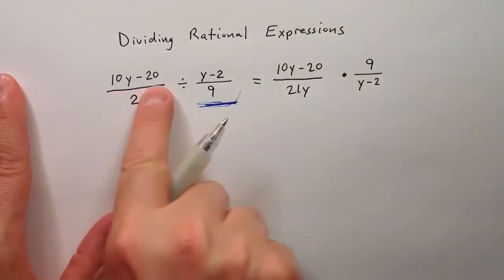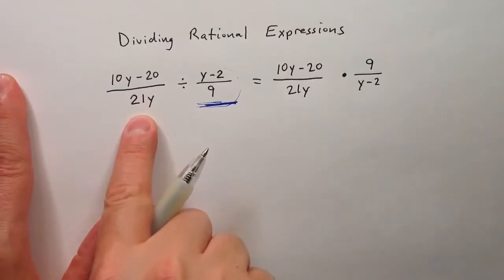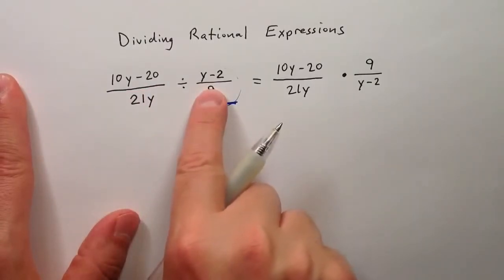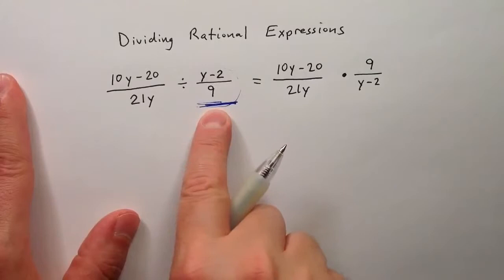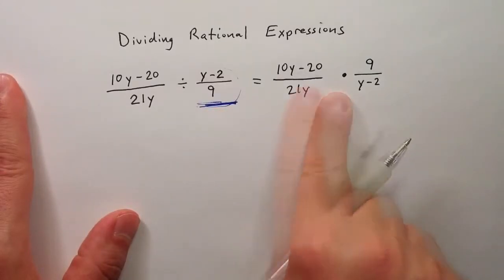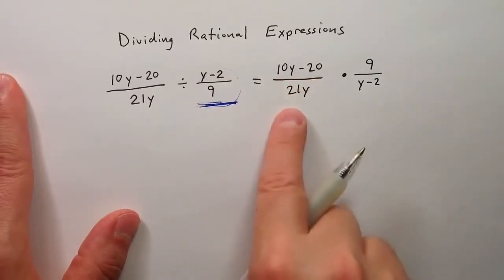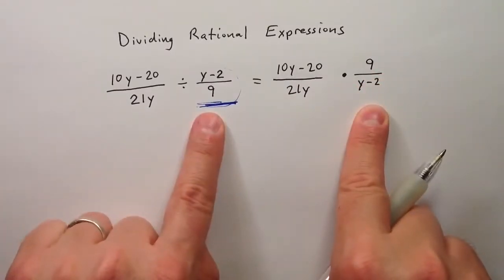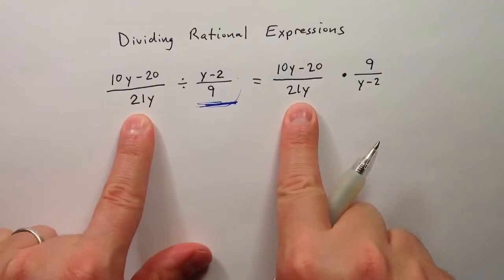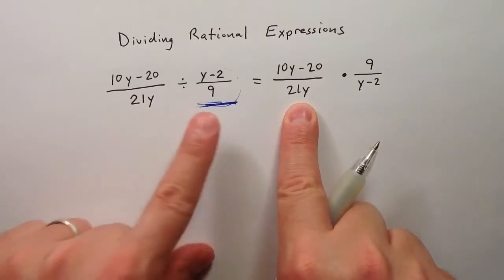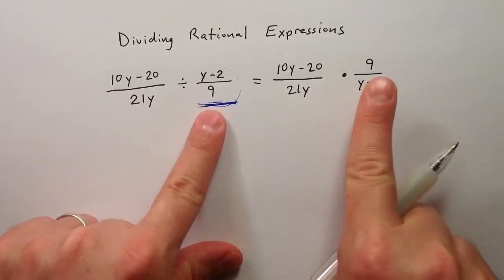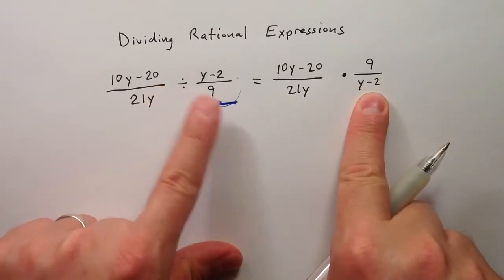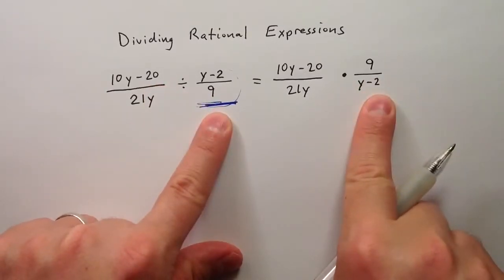So dividing 10y minus 20 over 21y by y minus 2 over 9 is the same as multiplying 10y minus 20 over 21y by the reciprocal of the second part. So the first rational expression stays the same, and the second one, I take its reciprocal, and that allows me to turn division into multiplication.